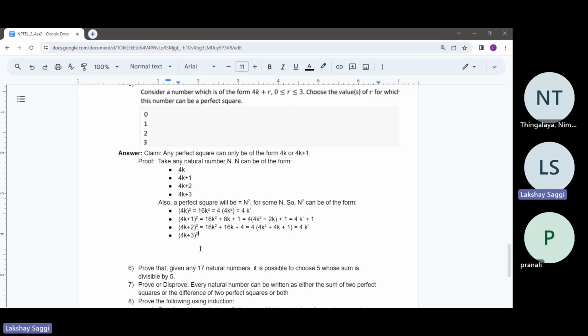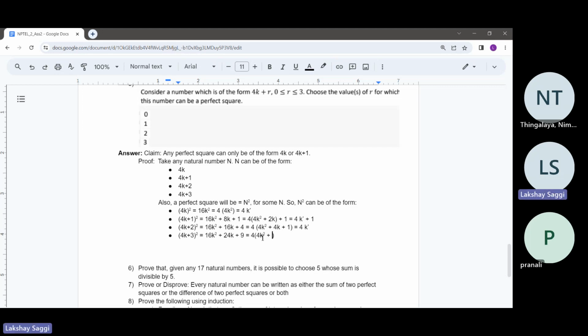Now, lastly, come to the last type. I hope whatever I'm doing is making sense to you guys, because if it does not, then you can stop me and ask me, as always. So yeah, this will be something like this plus 24k plus 9. And now I can write this 9 as something like 8 plus 1 and take 4 common. And what I'll get is 4 times (4k squared plus 6k plus 2), plus 1.